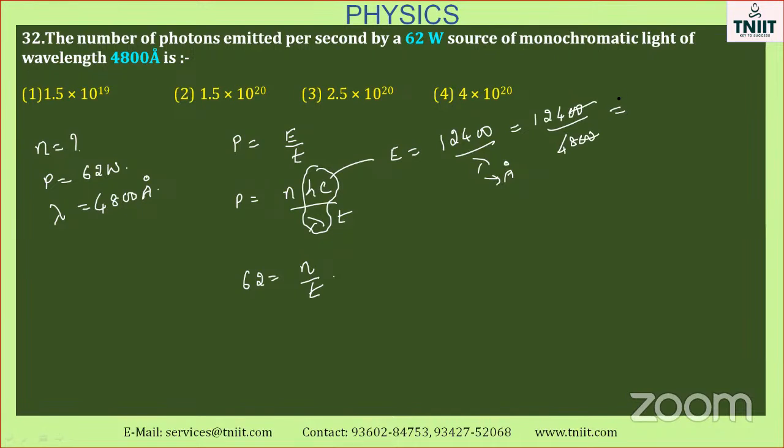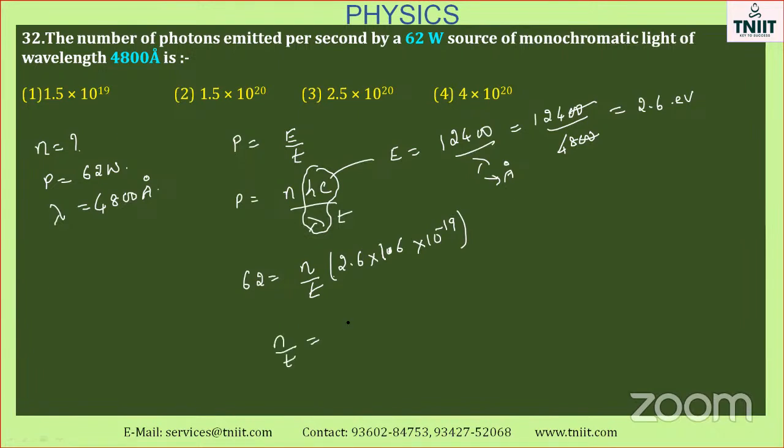So 124 divided by 48. It is almost close to 2.58, or you can take it as 2.6. This is in electron volt.